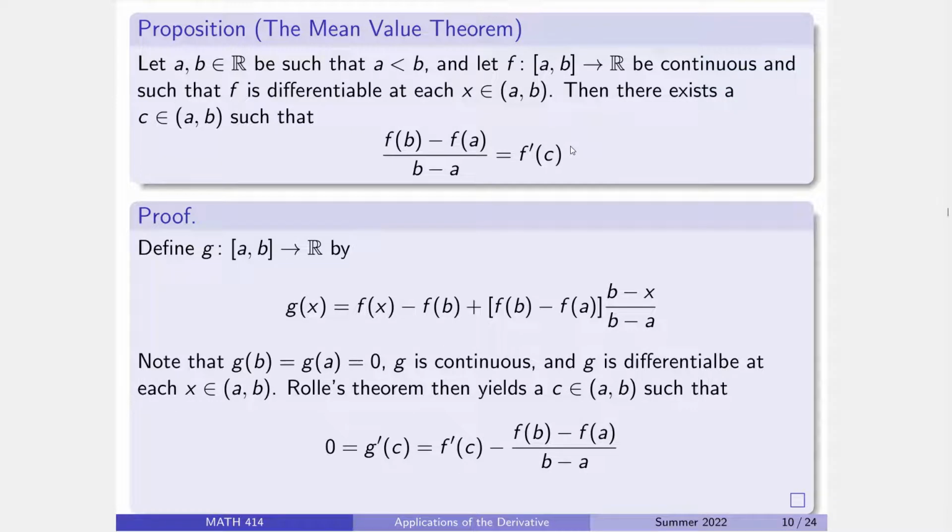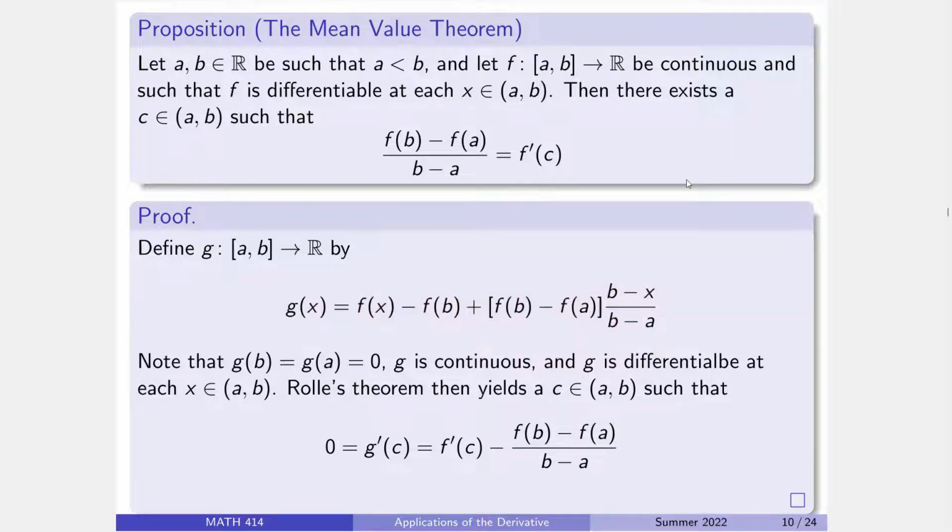Anyway, the proof is pretty standard, and it's a technique used a lot with derivatives: you set up this other function and take the derivative of that. This technique shows up quite a bit to prove facts about derivatives. Now we've proven the mean value theorem, quite easily in fact.